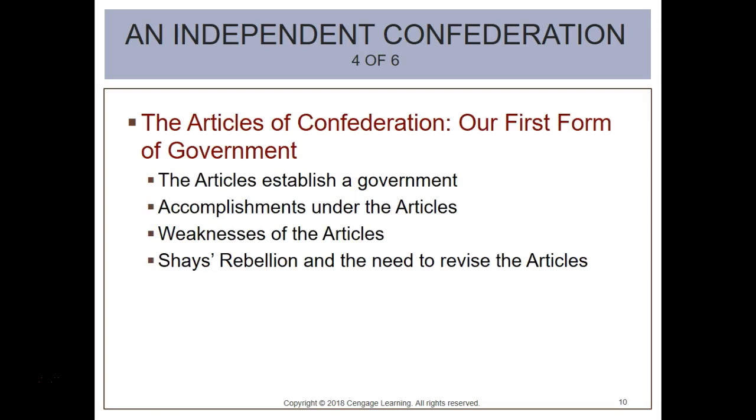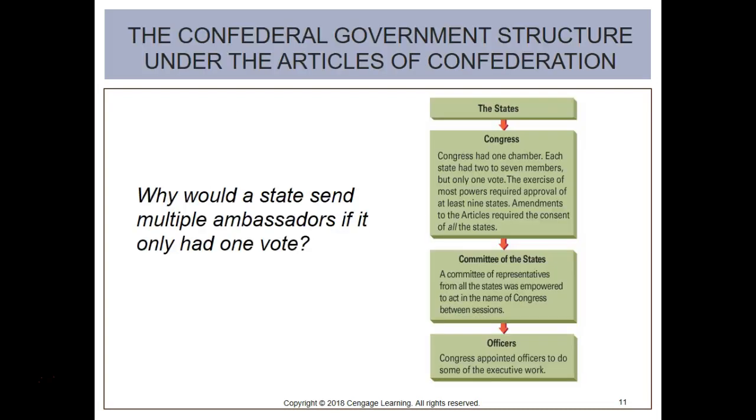So the Articles of Confederation, the first form of government, was very weak, had no powers to tax and no militia, which ultimately failed. Shays' Rebellion and a lot of different events caused the decision makers to try to come up with a better solution.